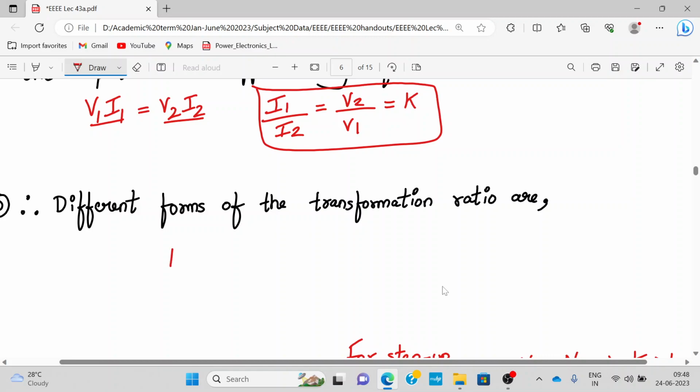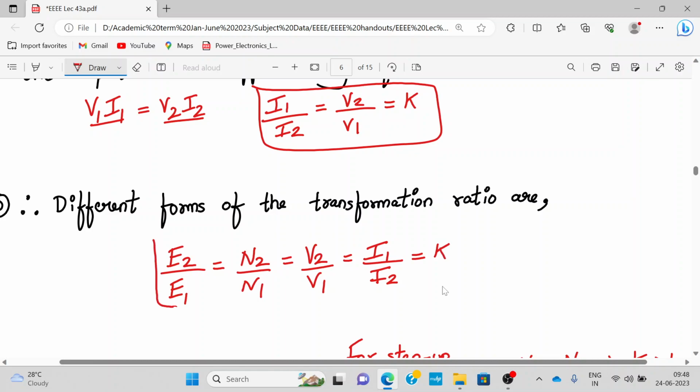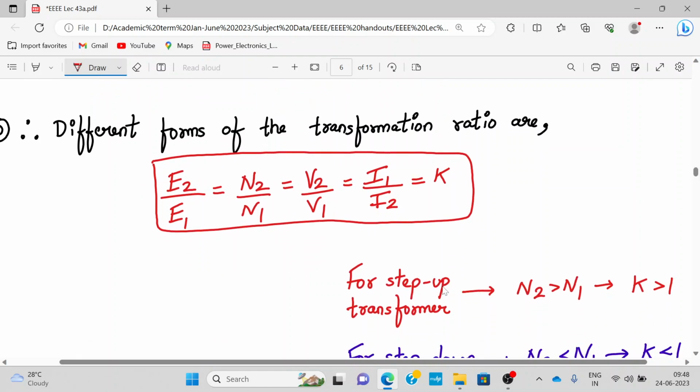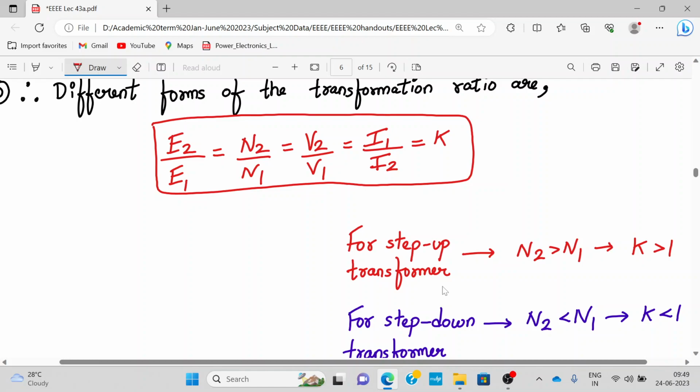So finally E2 upon E1 is equal to N2 upon N1, equal to V2 upon V1, equal to I1 upon I2, and that is equal to K. This is the final form of the transformation ratio, capital K. For a step-up transformer, where N2 is greater than N1, K is greater than 1, and for a step-down transformer, N2 is less than N1, so K is less than 1.